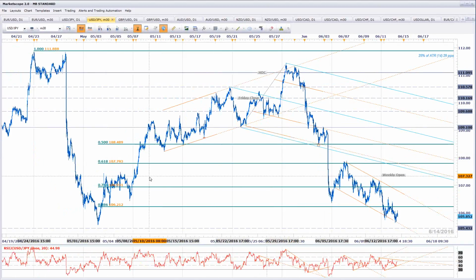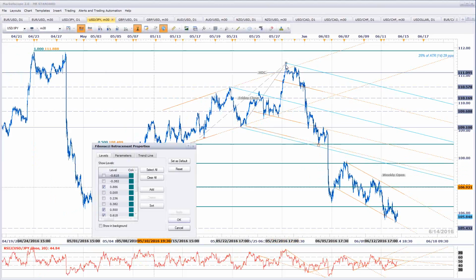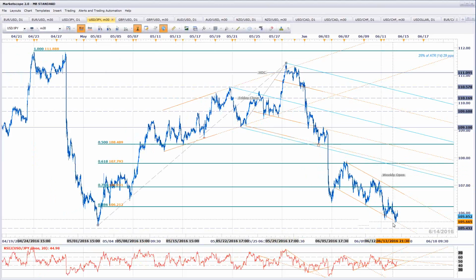On a topside break, I do not want to stress these retracements anymore. So let's do this. By the way, again, way too early.